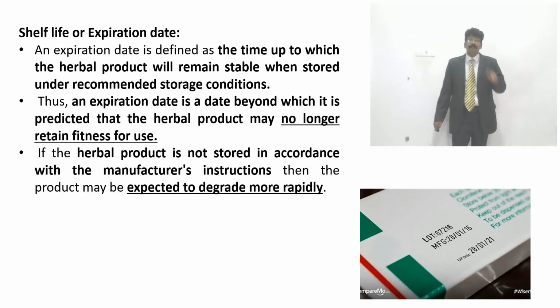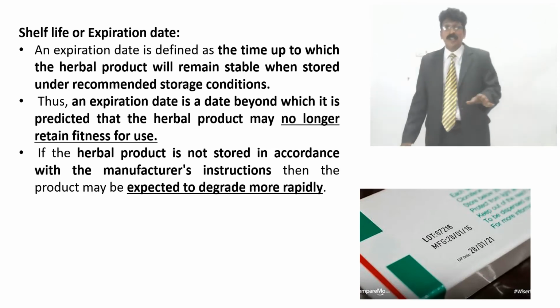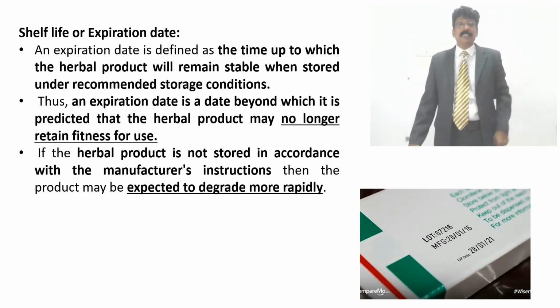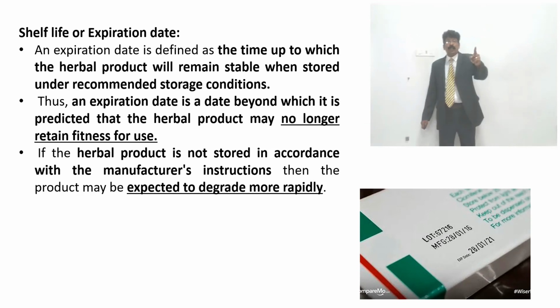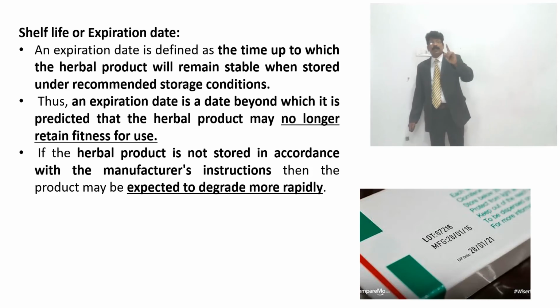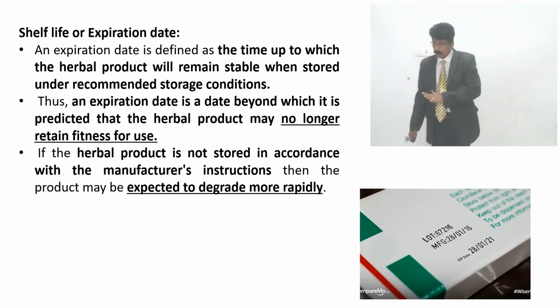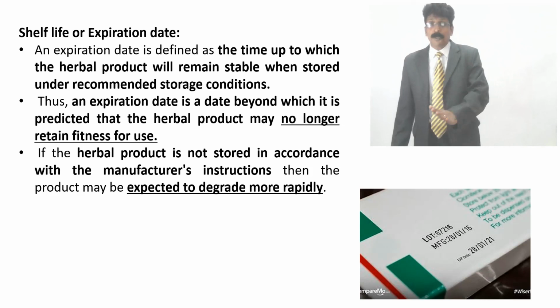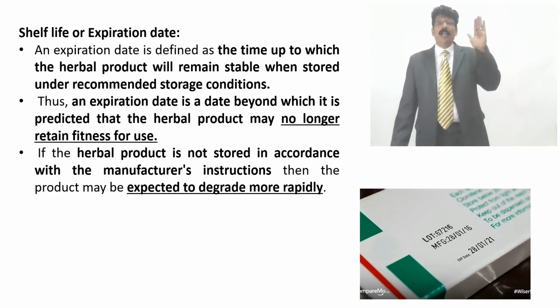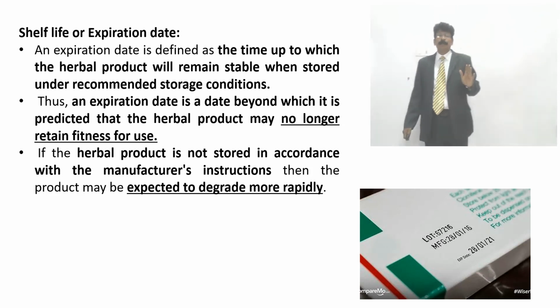If the herbal product is not stored in accordance with the manufacturer's instructions, then the product may be expected to degrade, decompose, deteriorate or lose its potency, and to degrade more rapidly.